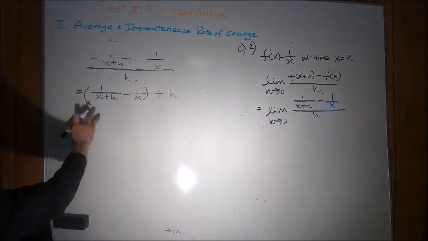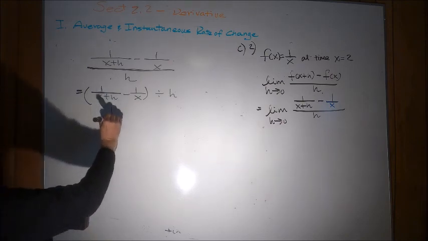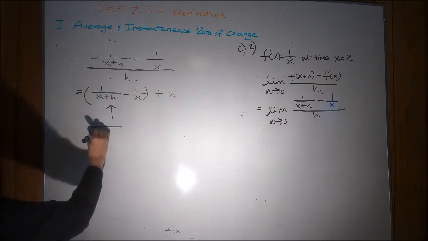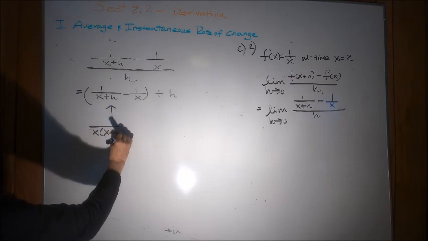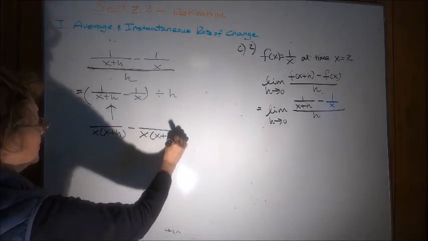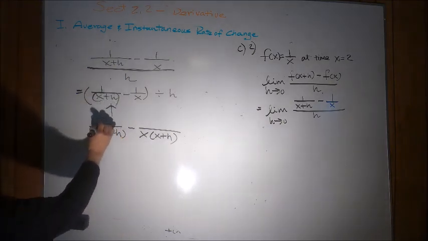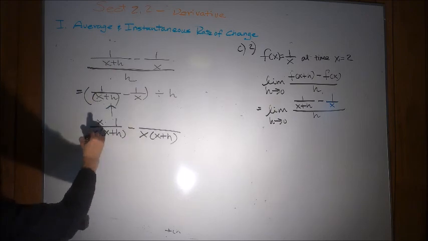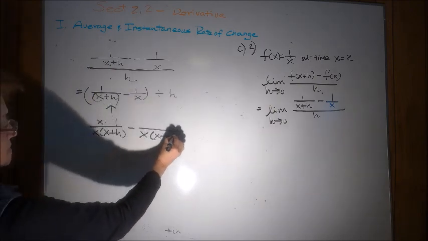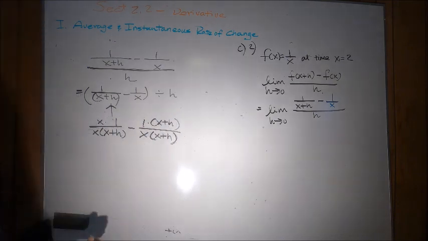Then you simplify two fractions to become one fraction by doing what? Find your LCD, which we learned in your 152B class. So this one, x is extra, so you multiply by x, right? This one, x plus h is extra, so you multiply by this, right?